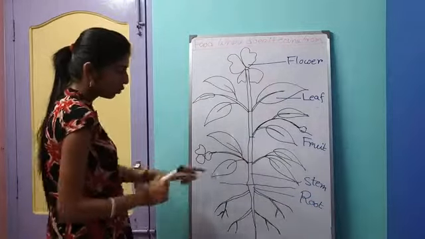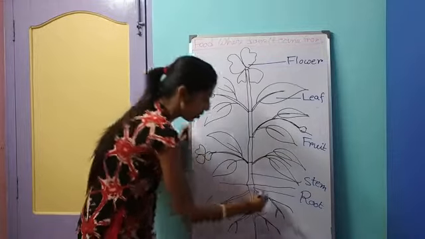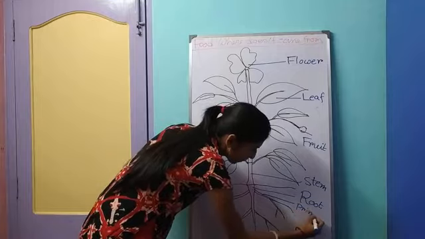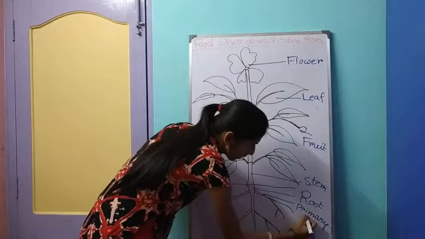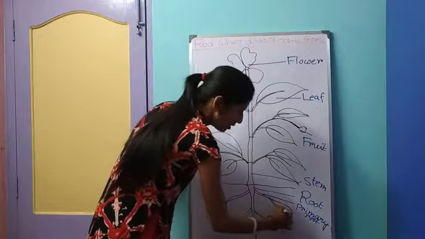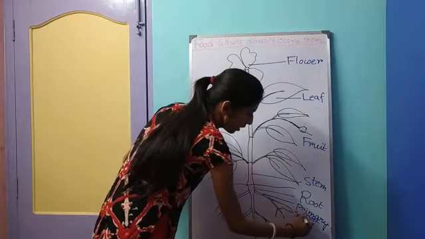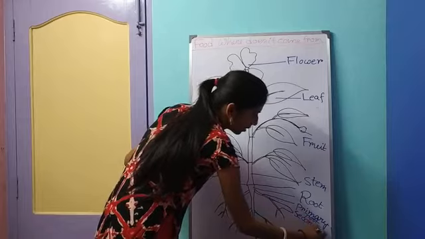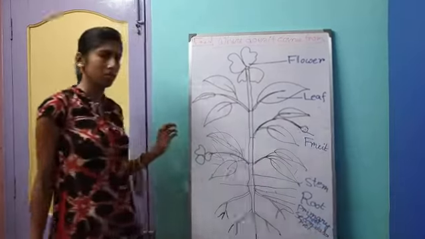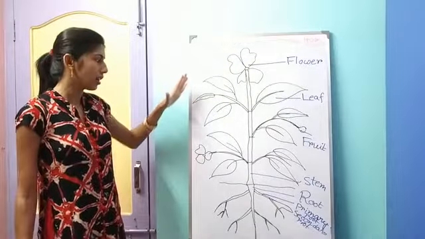And the main root, these main roots are called primary root, and the branching of the primary root is called secondary root. Okay, so this is the diagram of a plant.